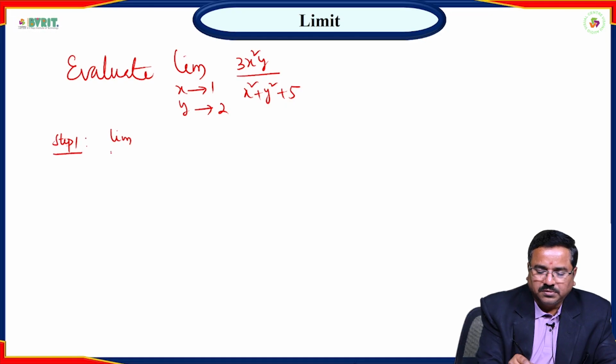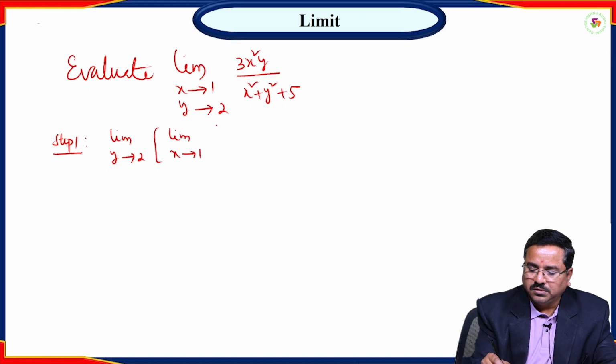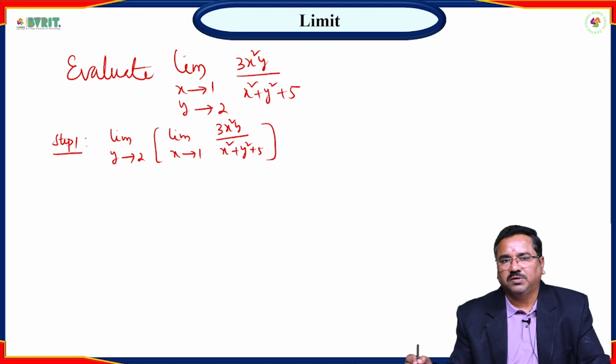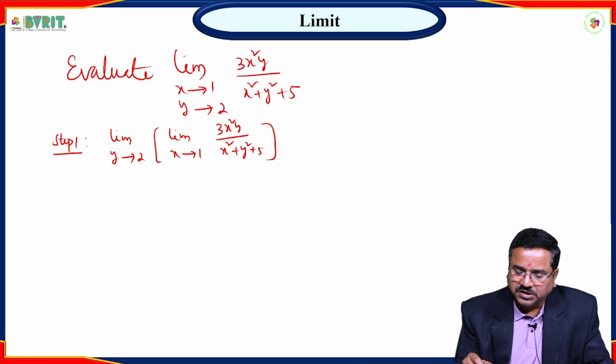Limit y tends to 2, limit x tends to 1, of 3x square y by x square plus y square plus 5. First compute the inner bracket. X tends to 1, so replace x by 1.